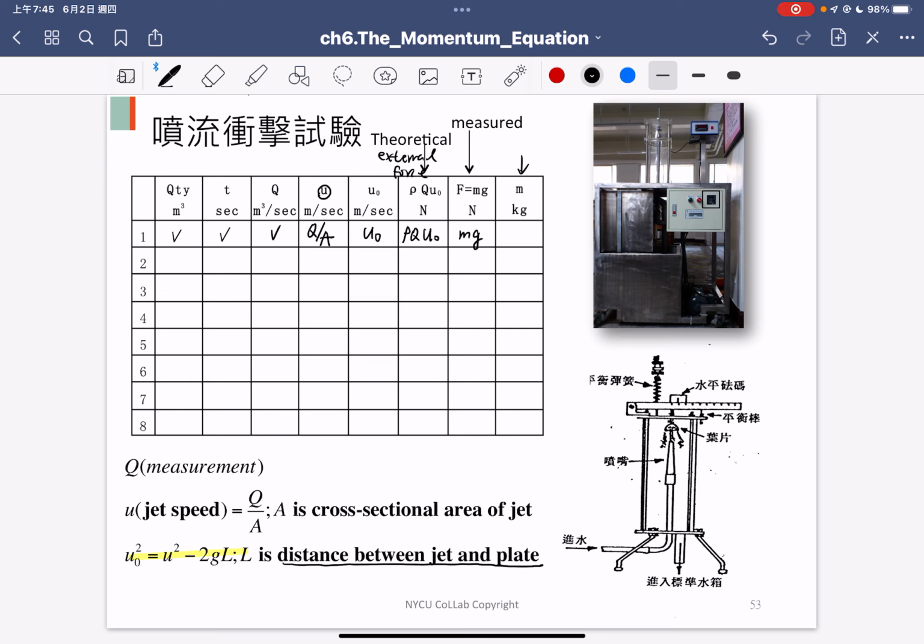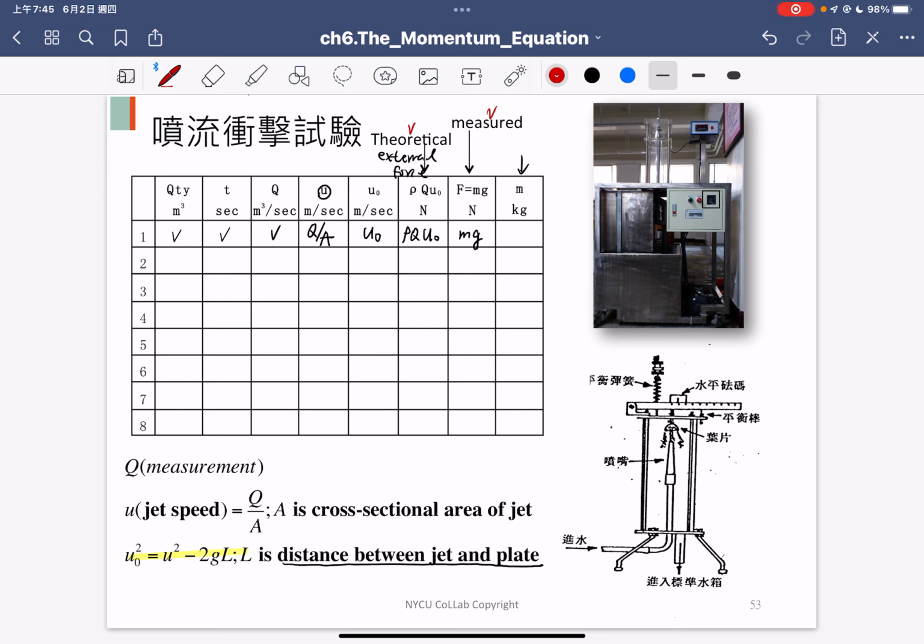So actually in the laboratory experiments, the idea is we would like to compare the theoretical force and the measured force. And we try to understand how large the discrepancy is between the measured and the theoretical force.